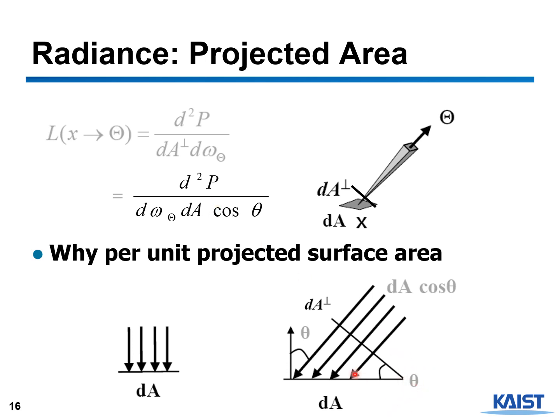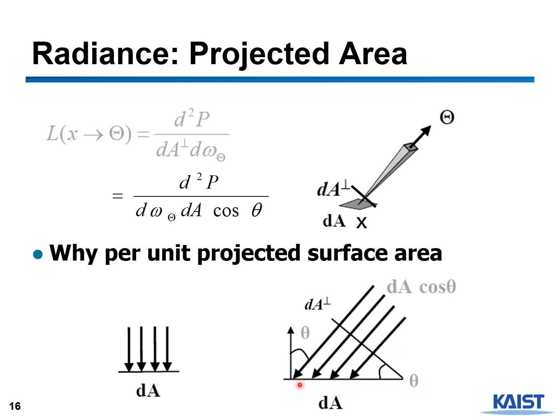Suppose that this is the angle theta here. Then this is dA orthogonal, and this is dA. Suppose that we are getting a certain energy here, dA orthogonal, and this energy is arriving onto dA.